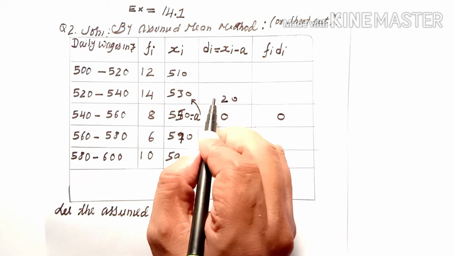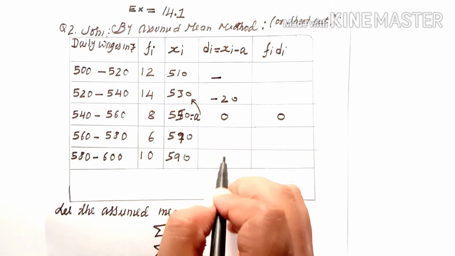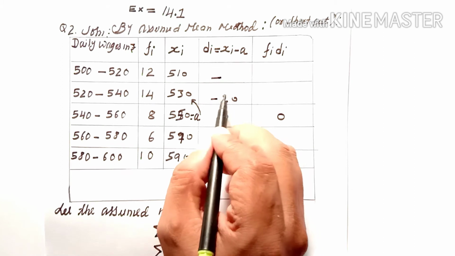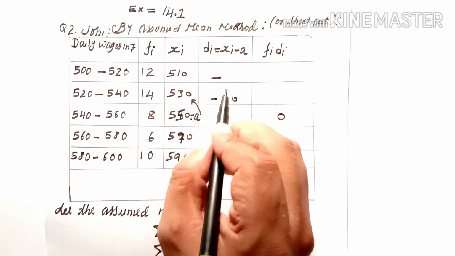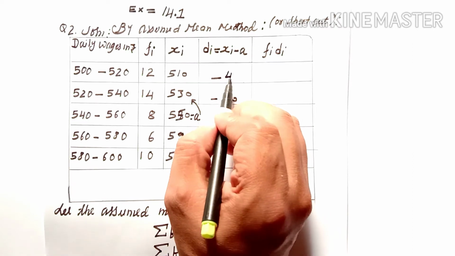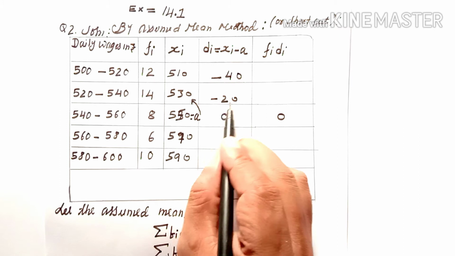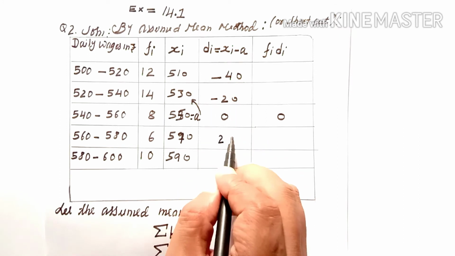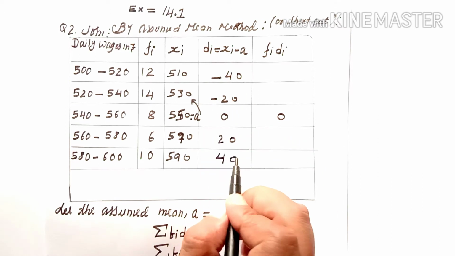Before 0, remember that we always take the negative sign. After 0, the positive sign. So take multiples of 20: 20 into 1 is 20, 20 into 2 is 40. Now on the right side of 0, take the opposite: the opposite of minus 20 is plus 20, and the opposite of minus 40 is plus 40.